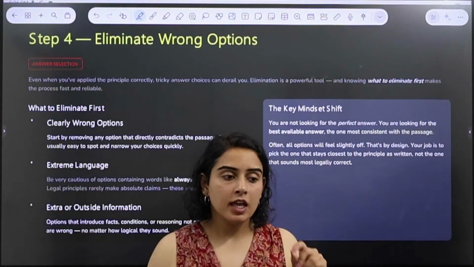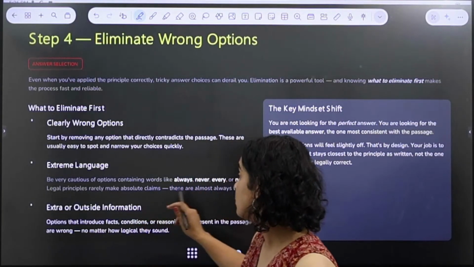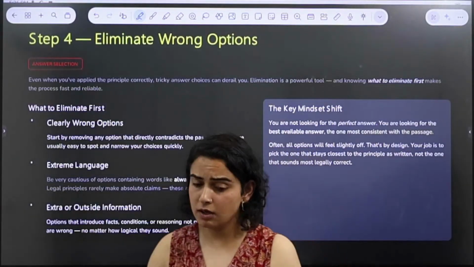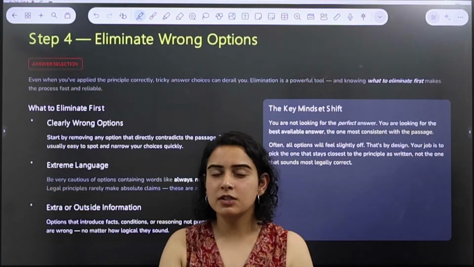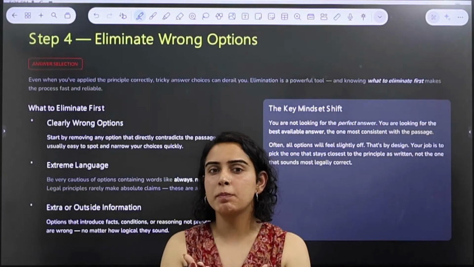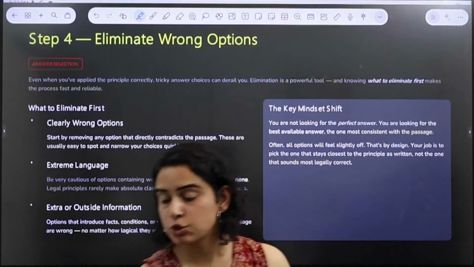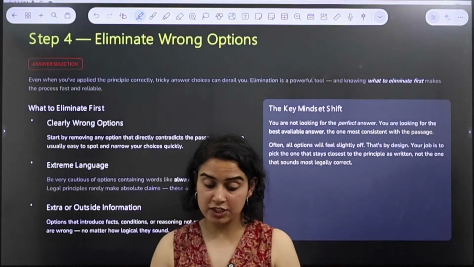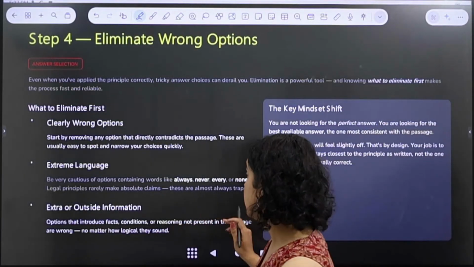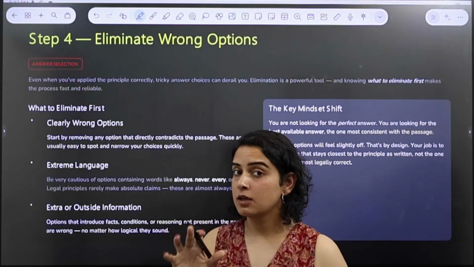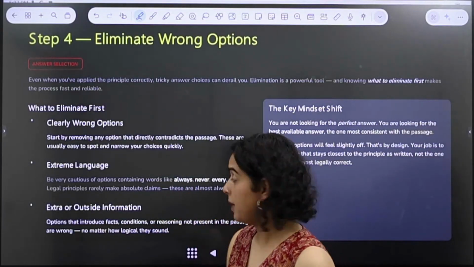If the options look too loud, making a claim that this is going to happen, remember that legal reasoning principles usually are more balanced and more neutral. However, such extreme options can be a little confusing.